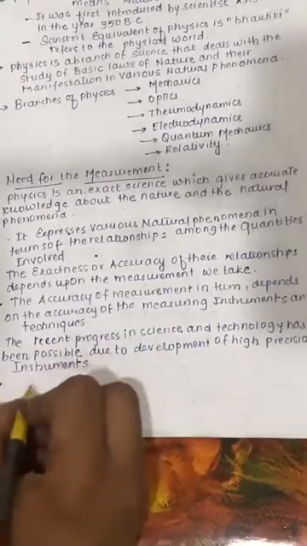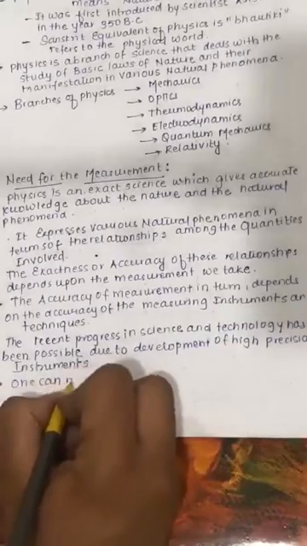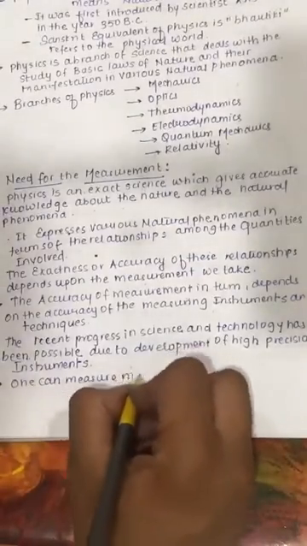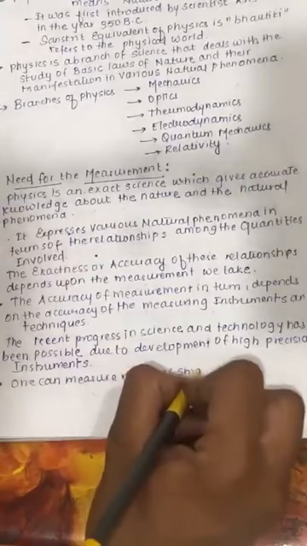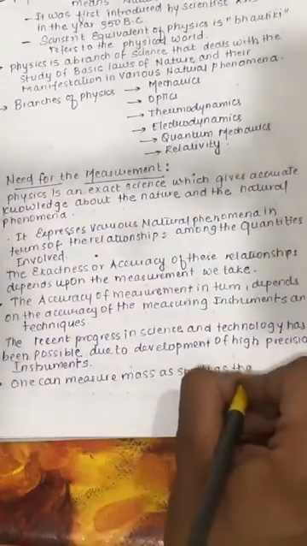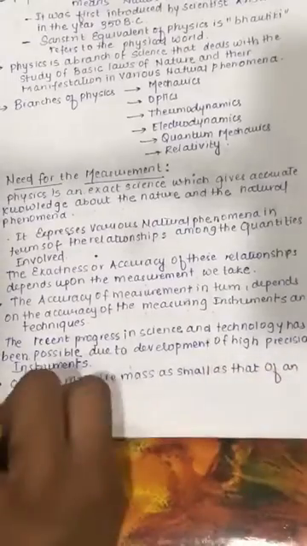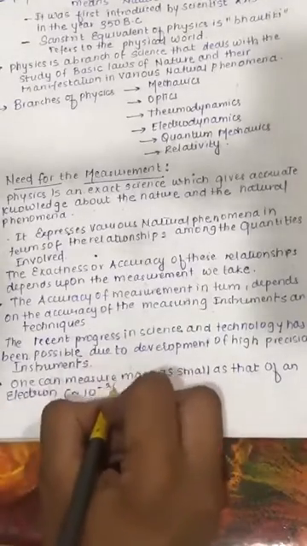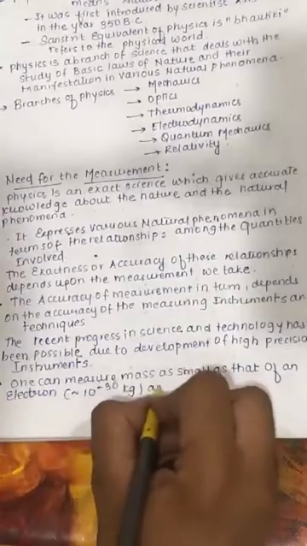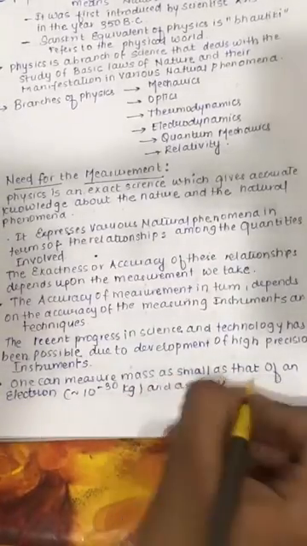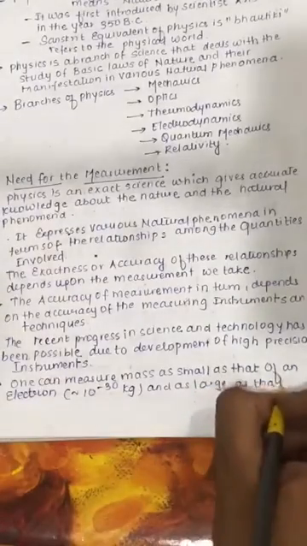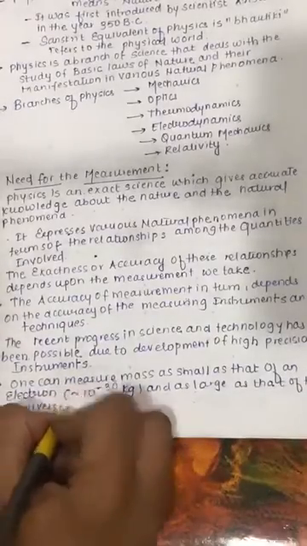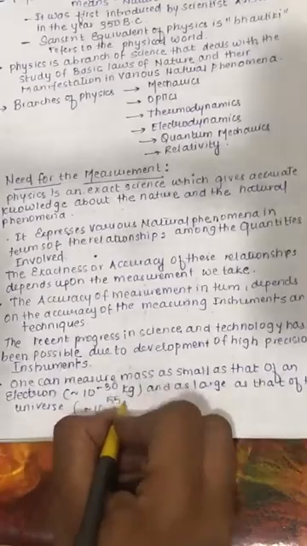Now, at present, one can measure with these high precision instruments mass as small as that of an electron, I can say 10 power minus 30 kg, and as large as that of the universe, 10 power 55 kg.